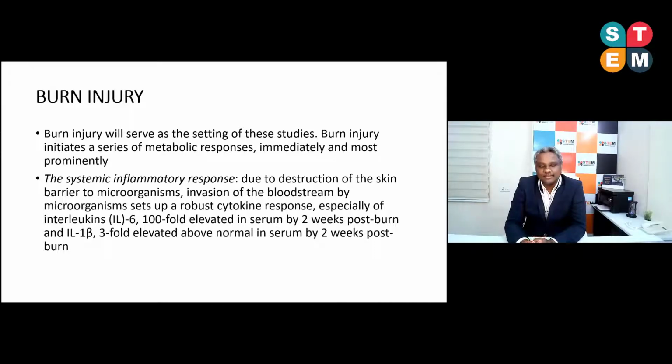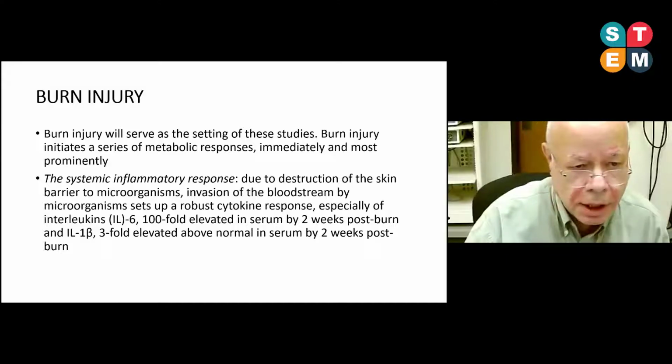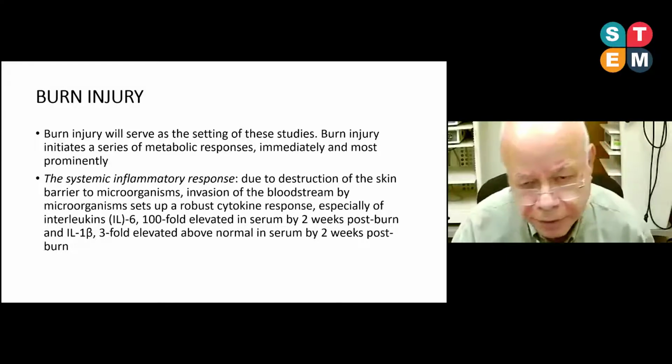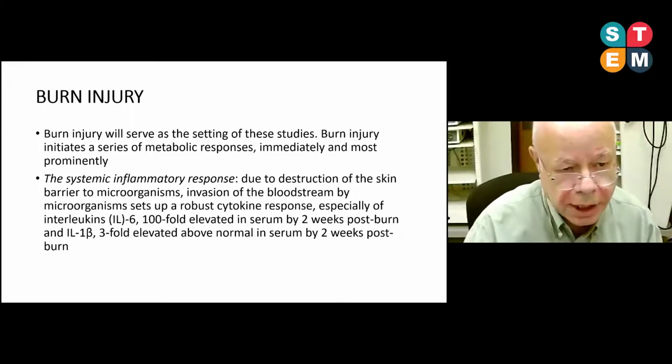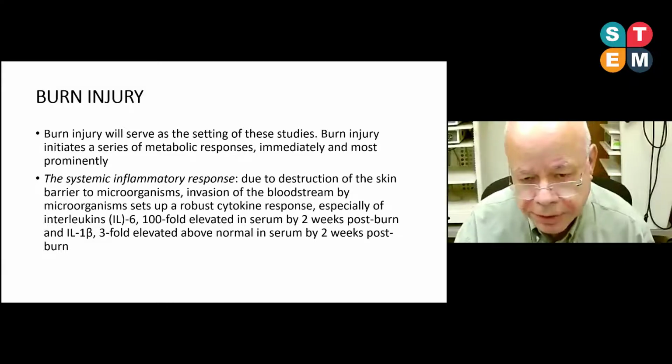Well, burn injury is going to serve as the setting of these studies. Burn injury initiates a series of metabolic responses immediately and most prominently the systemic inflammatory response.